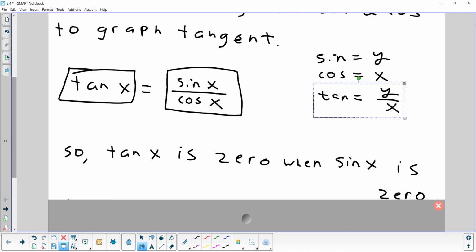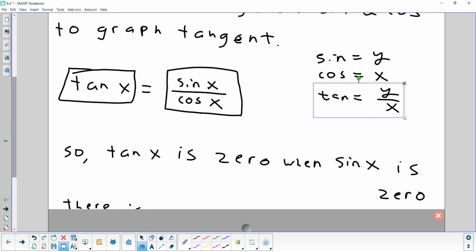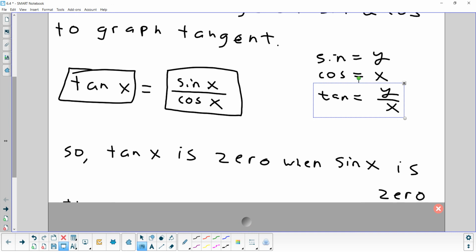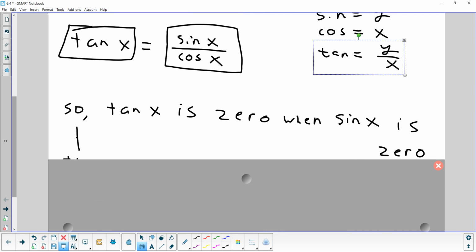So the graph of tangent will cross the x-axis or have a value of 0 whenever the numerator is 0. What's the numerator? Sine x. So we should know when sine is 0. Think about your graph of sine.